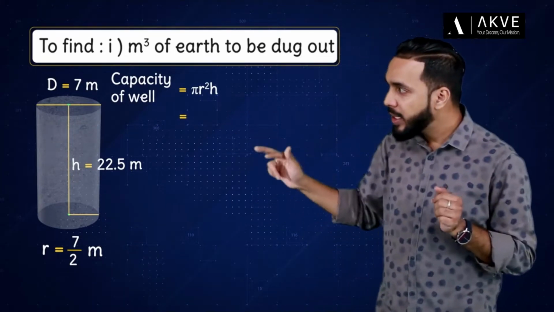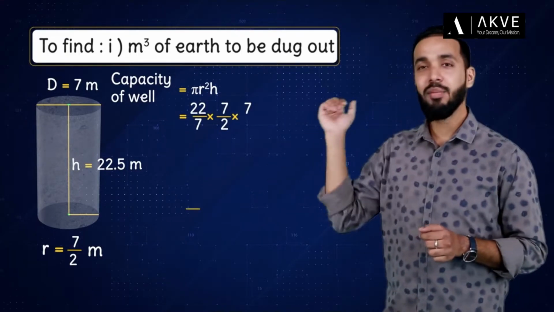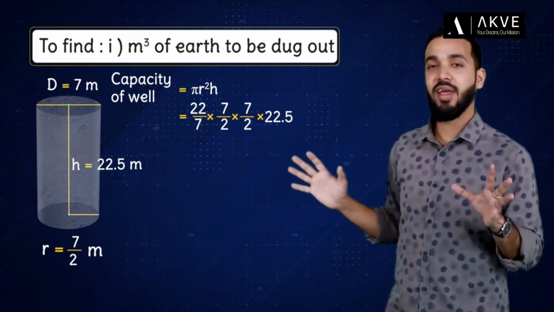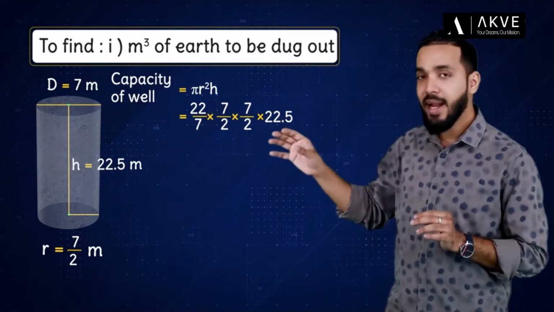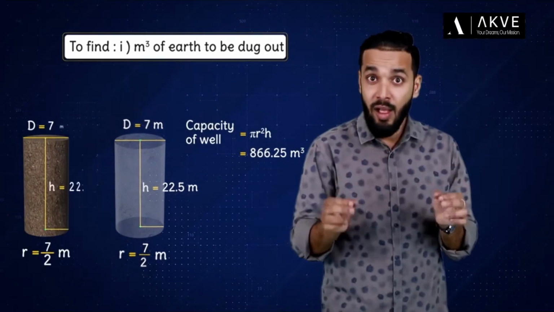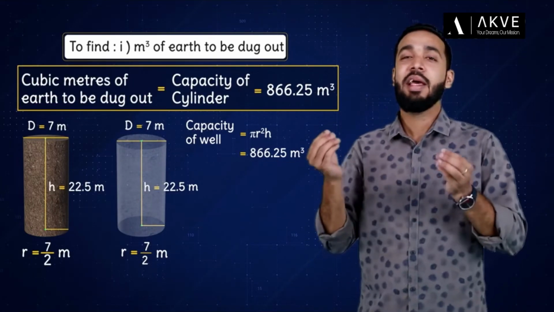That is 22 by 7 into 7 by 2 into 7 by 2 into 22.5. So on simplification, we get 866.25 cubic meters.